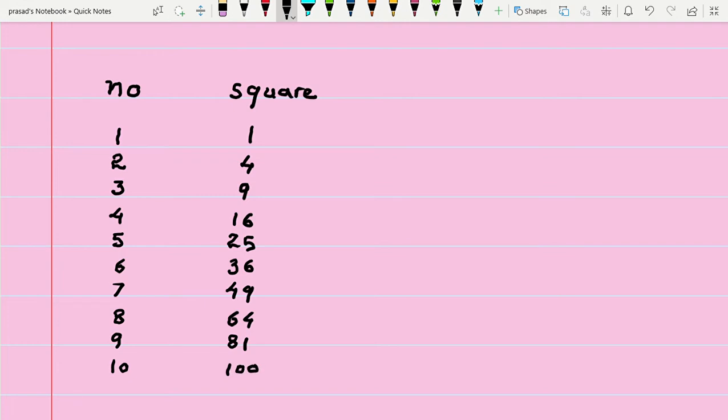So now let us think in the opposite way. Suppose I consider a number and think about the digit in the units place of its square root.